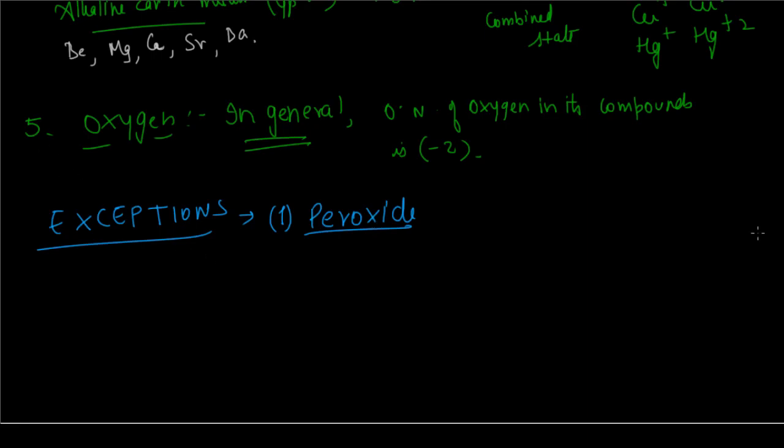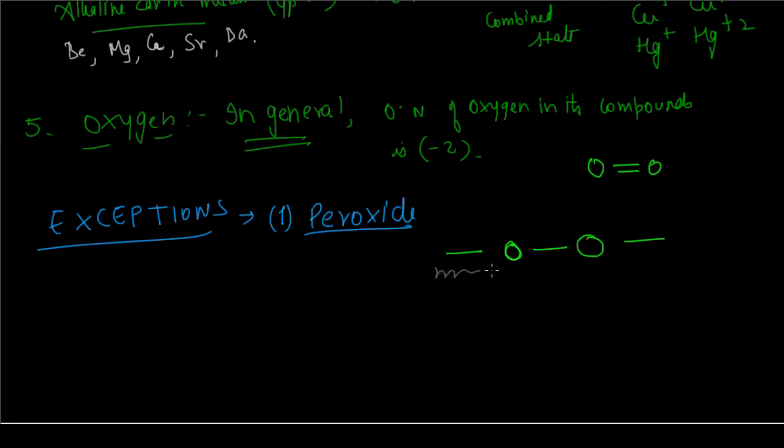Now usually you know that oxygen has a double bond with another oxygen in a normal O2 molecule. But in many cases you will see that an oxygen atom forms a single covalent bond with another oxygen atom, and their other bonds are with other atoms. Clear?